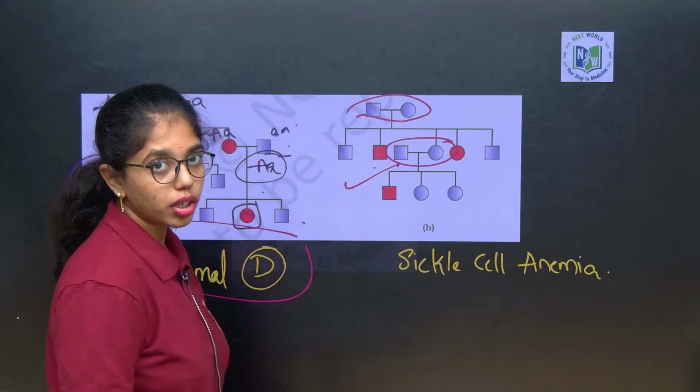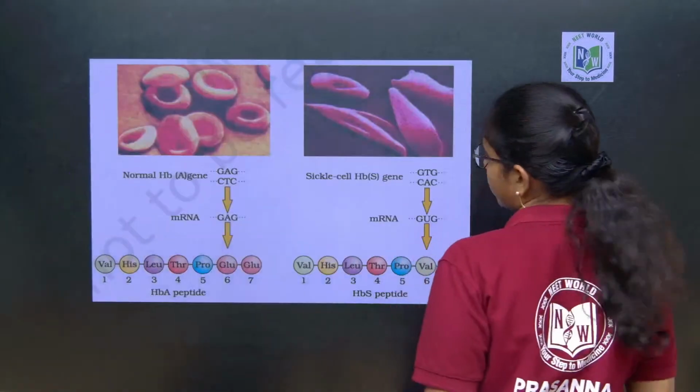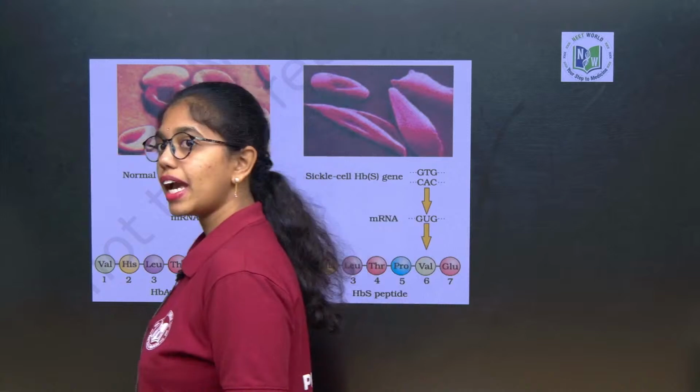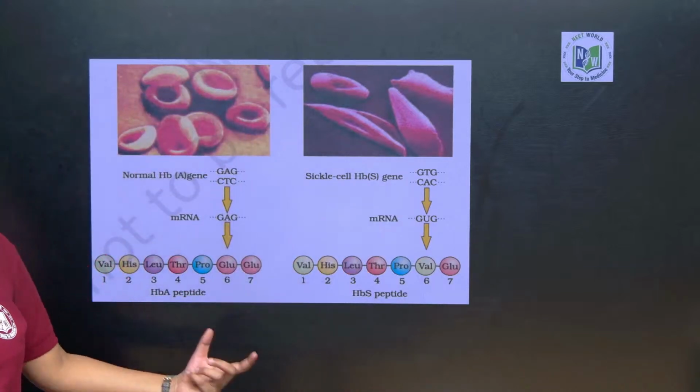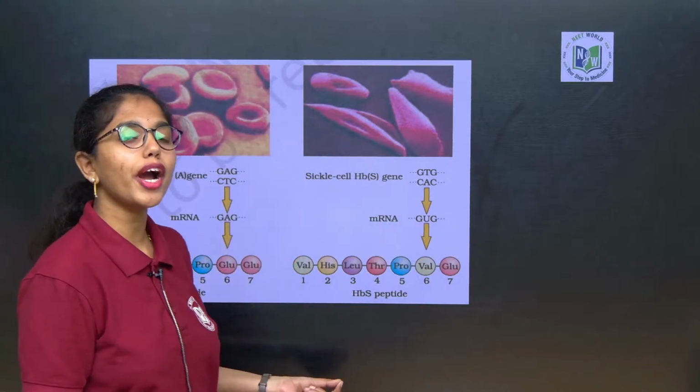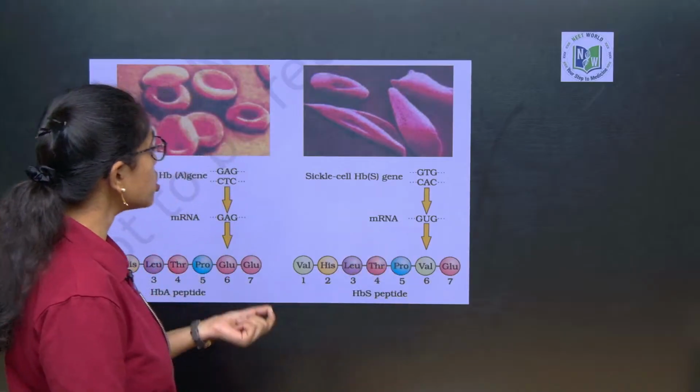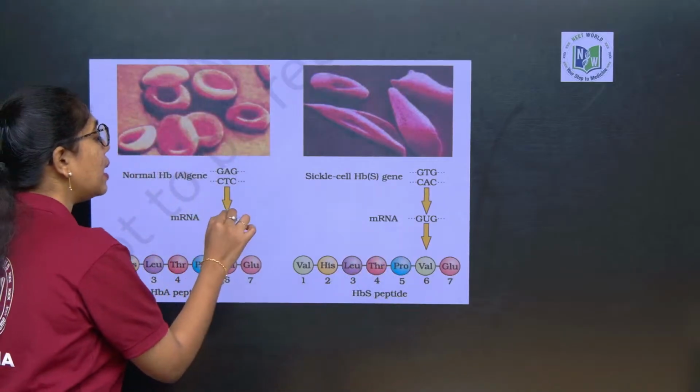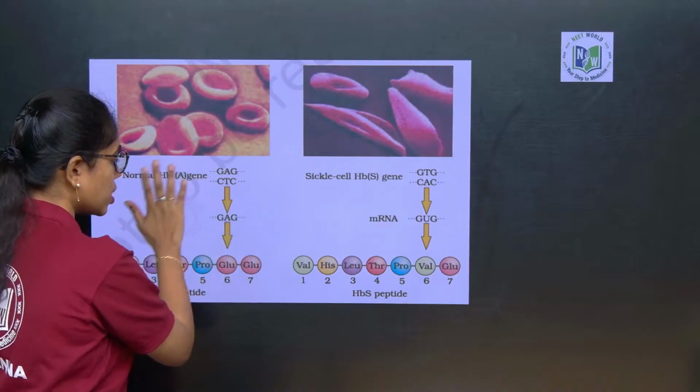Clear? Understood? And then if you proceed, sickle cell anemia is an autosomal recessive mutation, which we also call a point mutation, because of the change in a single nitrogenous base.